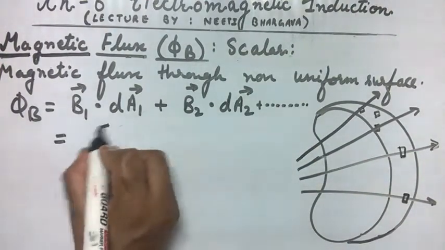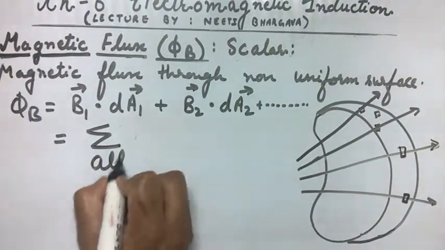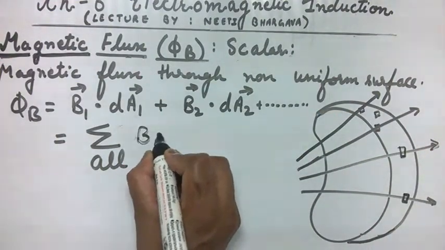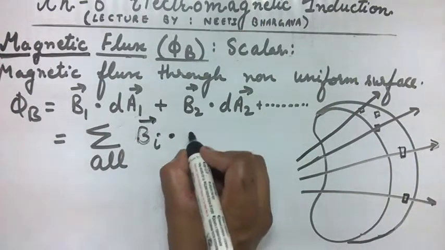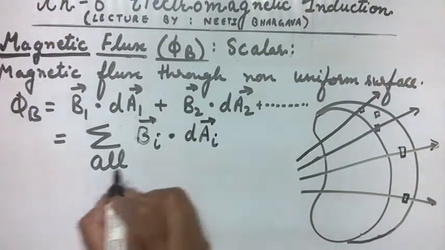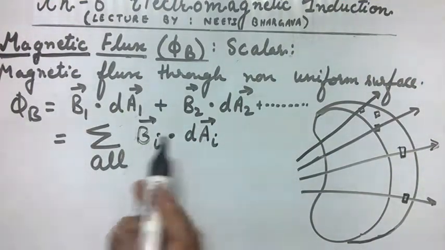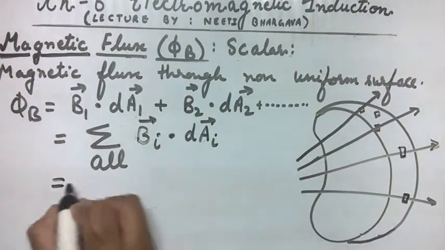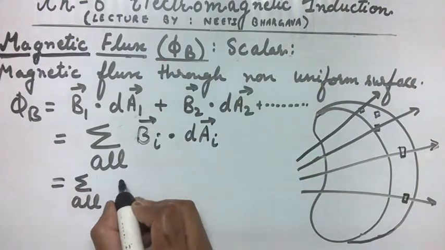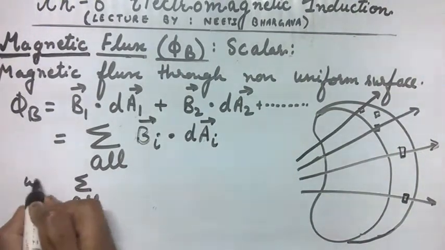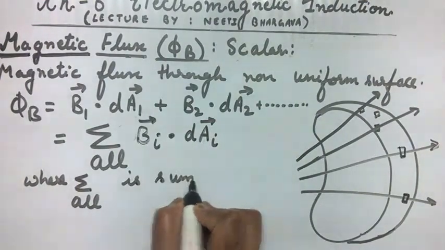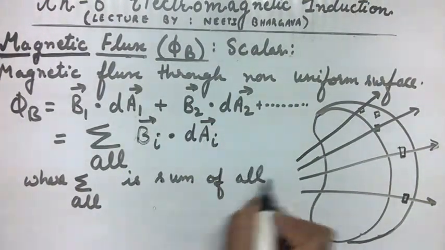And we can write summation for complete surface, and it is given as Bi dot area vector i. And here summation all is the sum of all area elements.